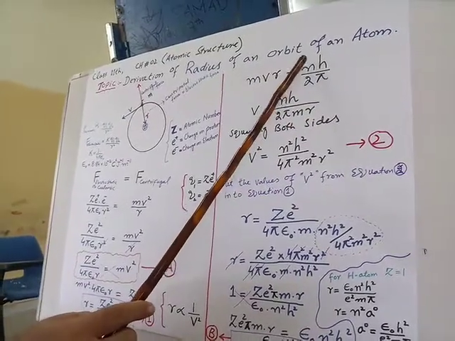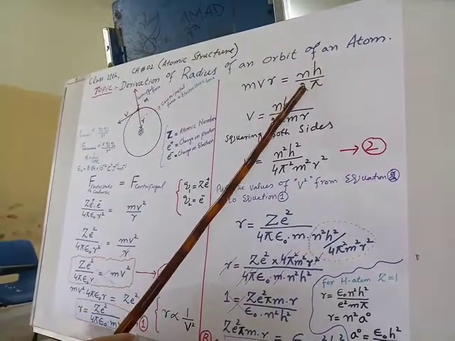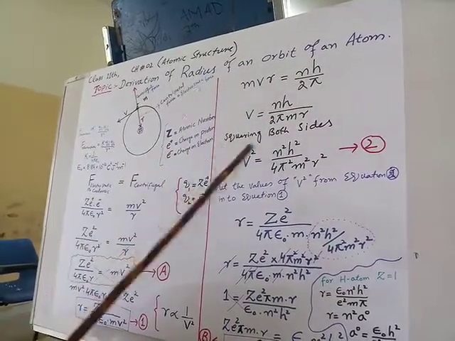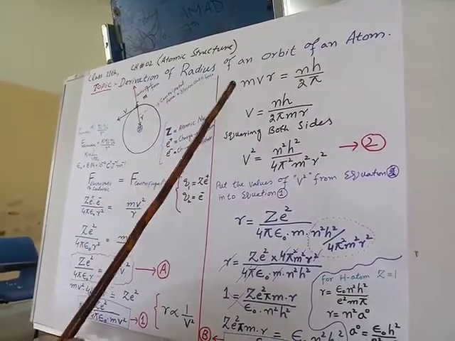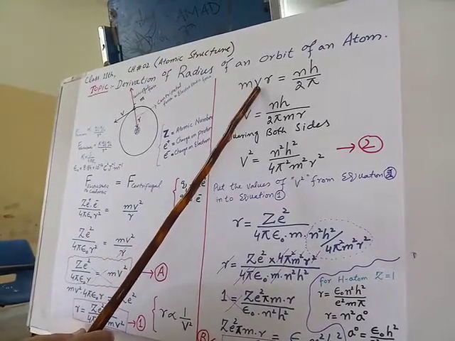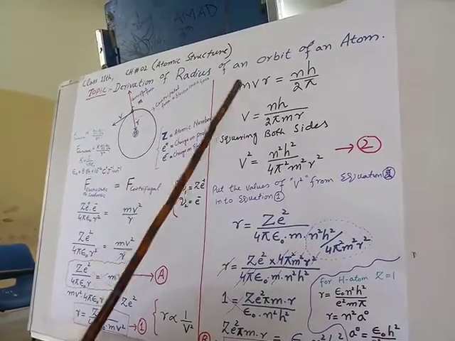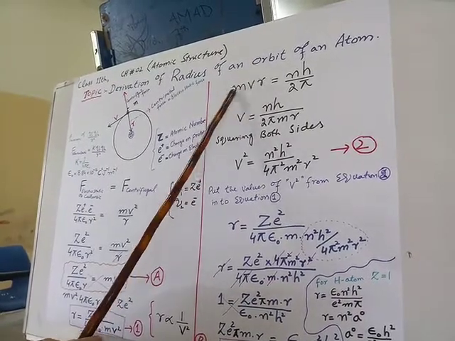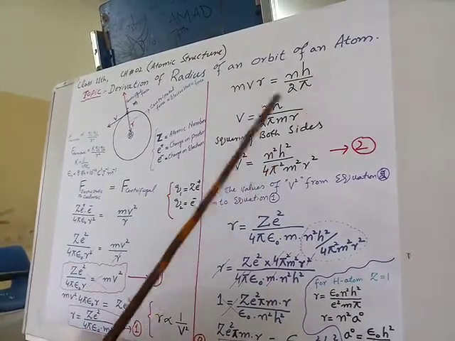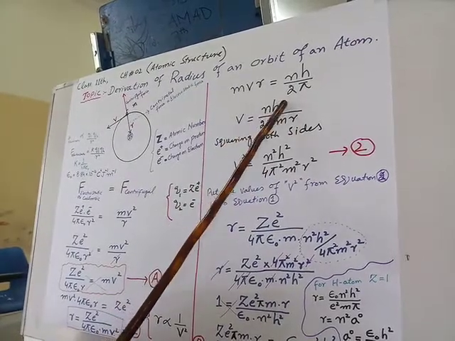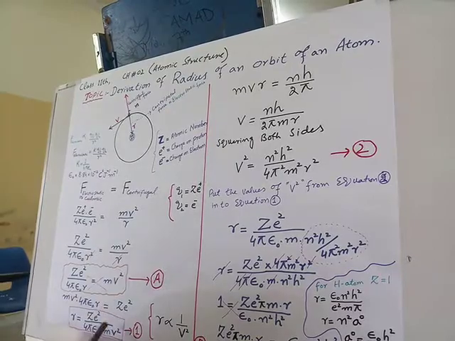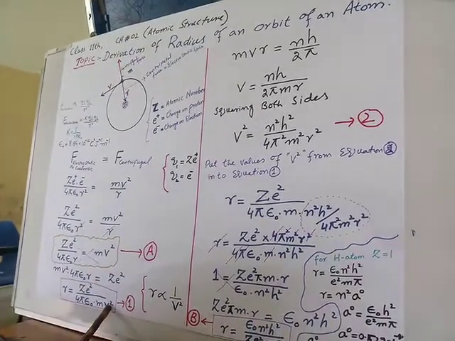So n is the number of the shell, h is Planck's constant, pi is used for the circular path of the orbit, m is the mass of the electron, v is velocity, r is the radius. Rearrange this equation for v. We get v equal to nh by 2 pi mr. But in equation 1 we had v square.